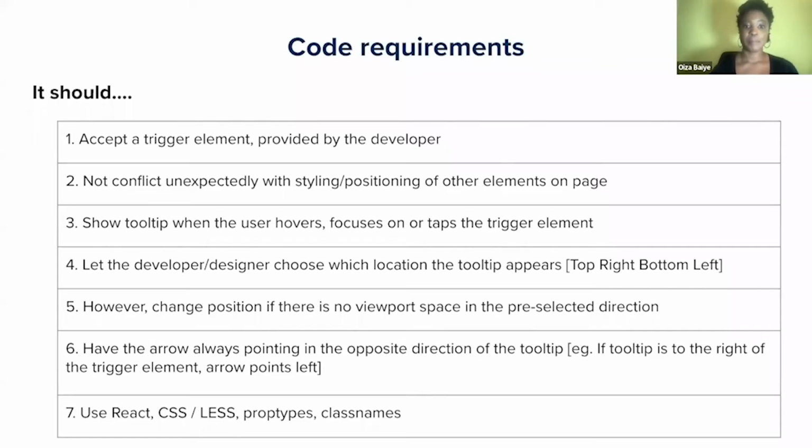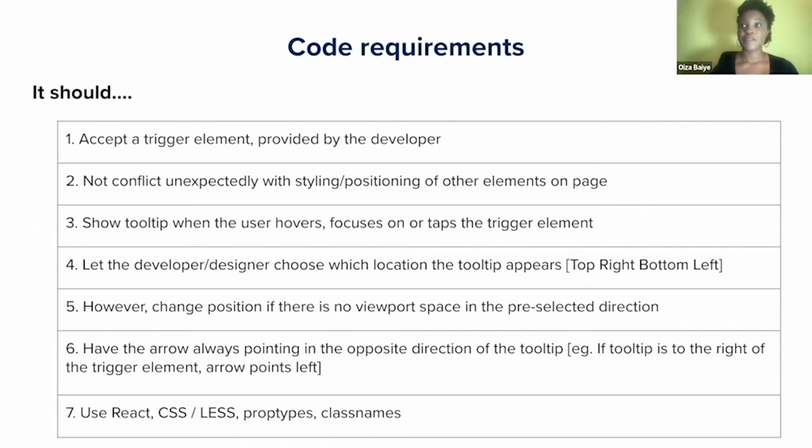The tooltip should not be messed up by styles of other things on the page. Number 3, it should show on hover or tap or focus. The next one is that it accepts a position, which could be top, bottom, right, or left. However, number 5, the tooltip will change position if there's no space in the selected direction.